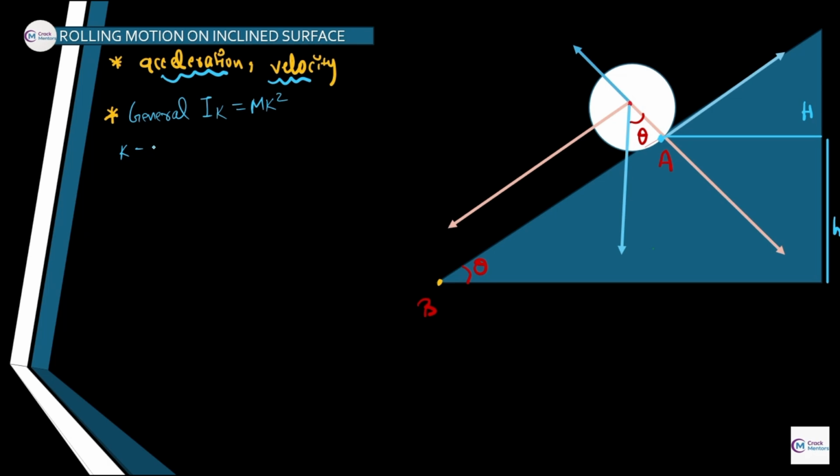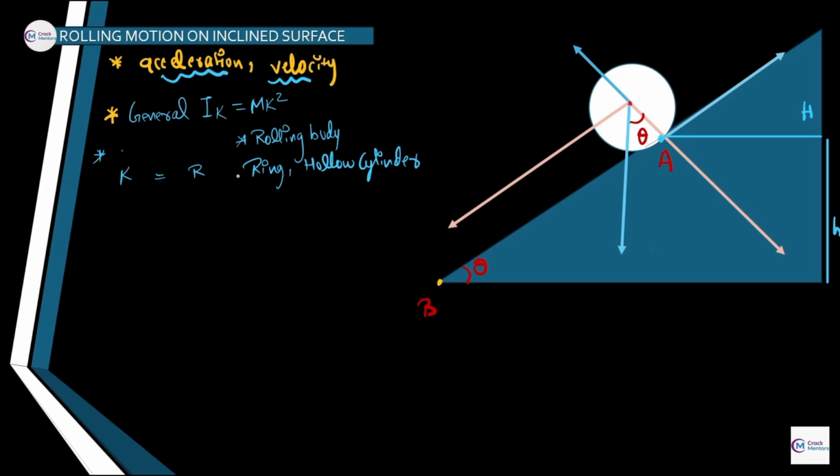If the k value is equal to r, then the rolling body which we have is equal to a ring, or can be a hollow cylinder as well.